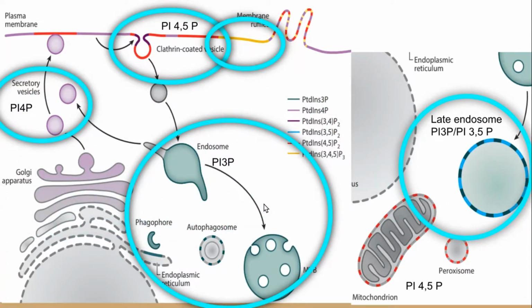Late endosomes are marked by the appearance of PI5P in addition to PI3P. In other words, the formation of PI35P. And this marks the process of endocytic maturation.